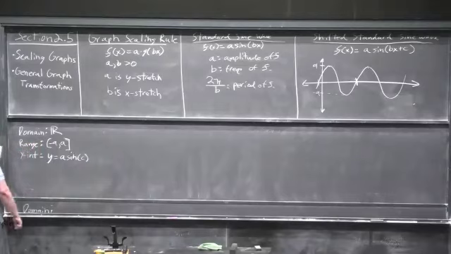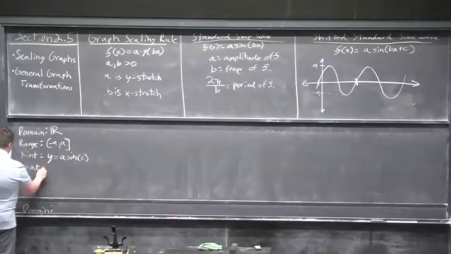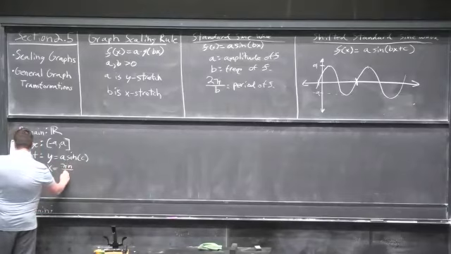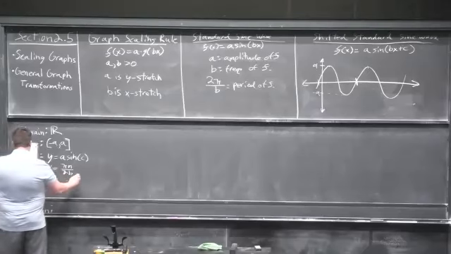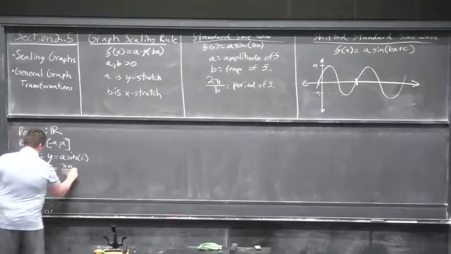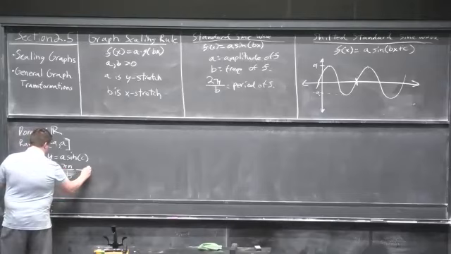We'll then have an x-intercept. And the x-intercept will occur with x equal to pi n over b minus c over b.